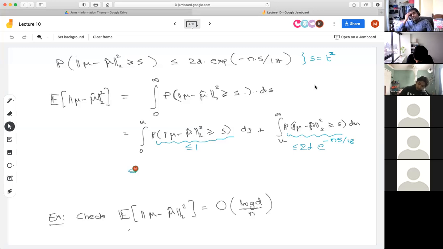The first integral is less than or equal to u. And the second is upper bounded by 2d times e to the minus n times u divided by 18. As an exercise, check for an appropriate value of u. You can use u to be some constant times log d over n, which will give the bound.